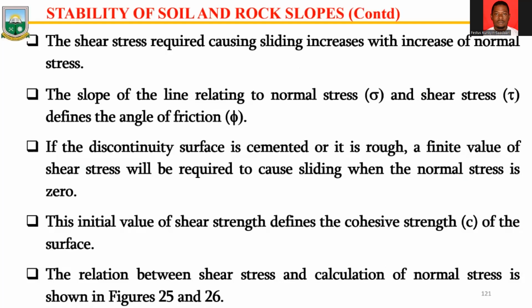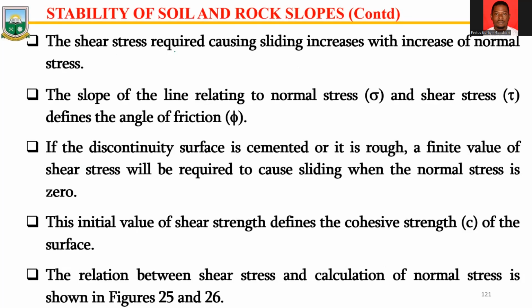required to cause sliding increases with increasing normal stress. The shear stress required to cause sliding increases with increasing normal stress. So if I apply a particular stress, the normal force that I'm going to apply to something, then I need to increase the shear strength of that particular body to oppose the external force I am applying to it.